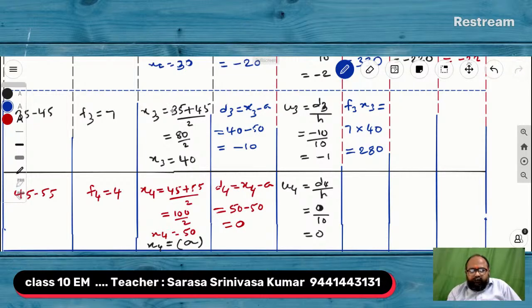Now we calculate F3 D3. F3 D3 is equal to F3 is 7 multiplied by D3, which is minus 10. So we get minus 70.